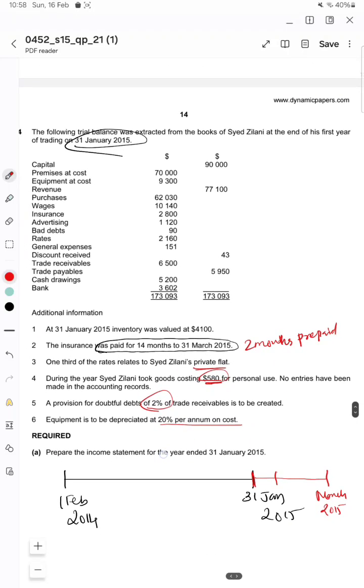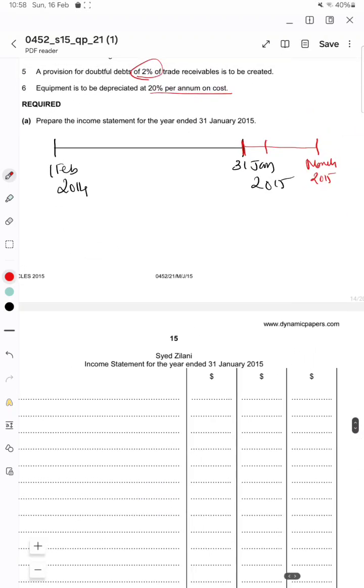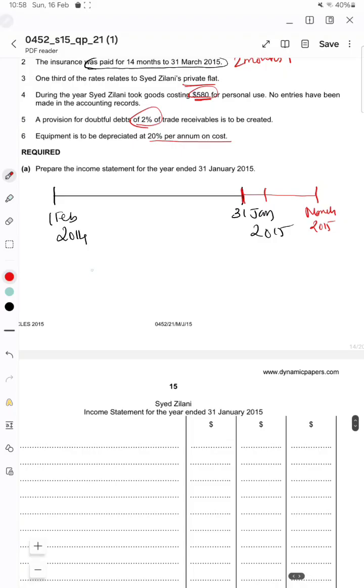So first we will start with the trading section. The equation for the trading section is gross profit equal to revenue minus cost of goods sold, also known as cost of sales.